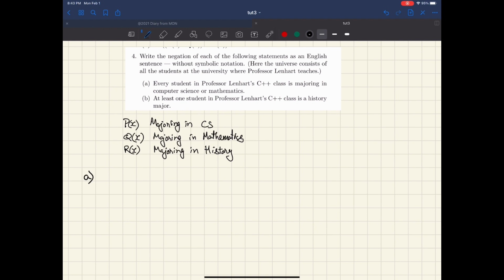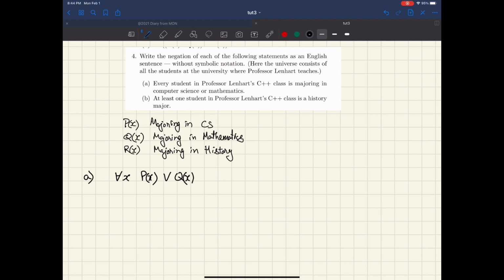Now, it will be easier if we first convert them into their symbolic notation, get the negation, and then convert it back to English. So the first part, every student in his class would mean for all x, they are either majoring in computer science or mathematics. So P of x or Q of x.